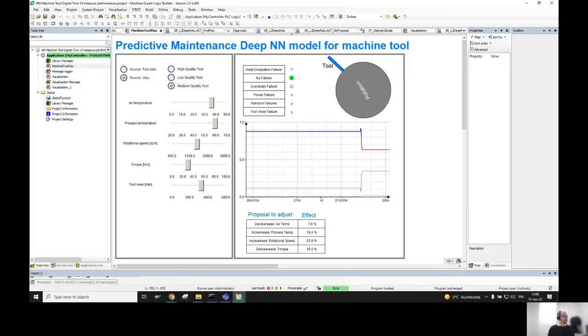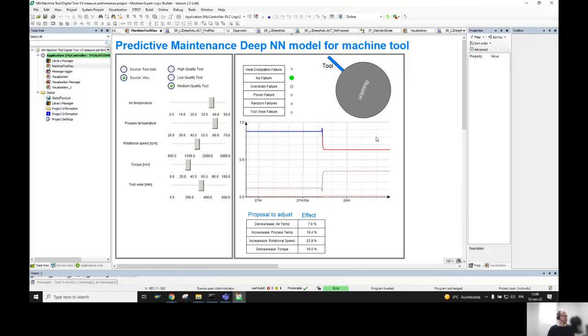What could I do? With this model, I could simulate without the machine running, and in this program I would simulate at the same time what I should do right now in order to get back to the right zone.